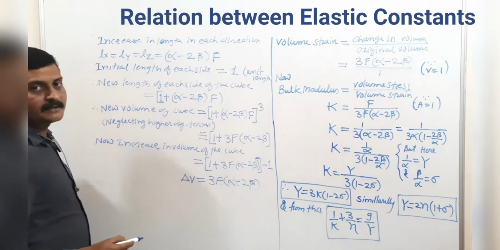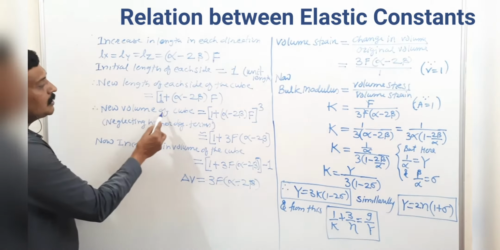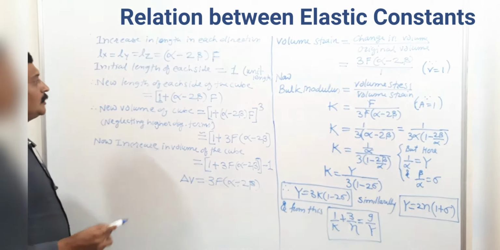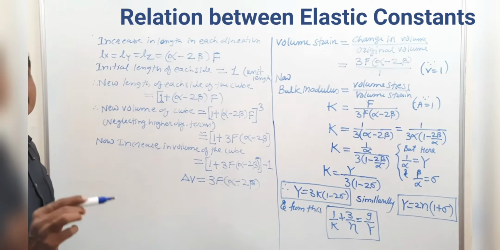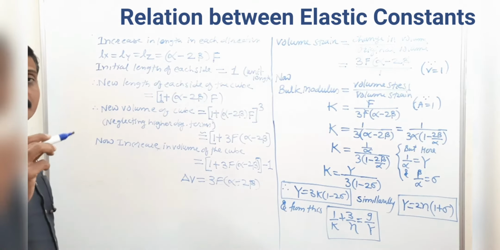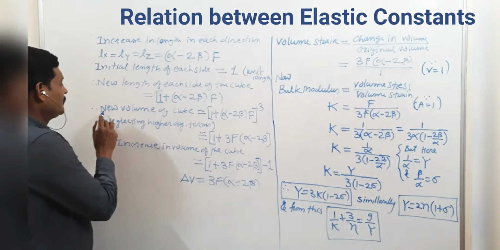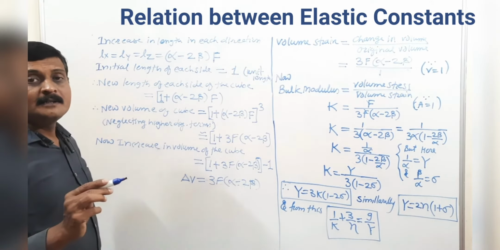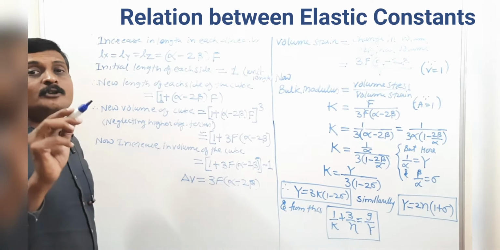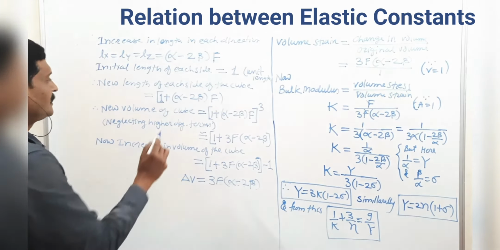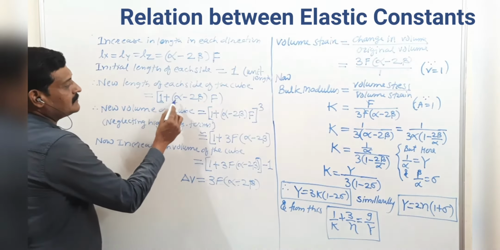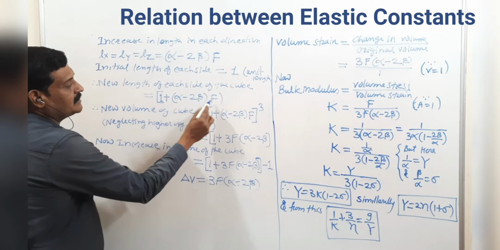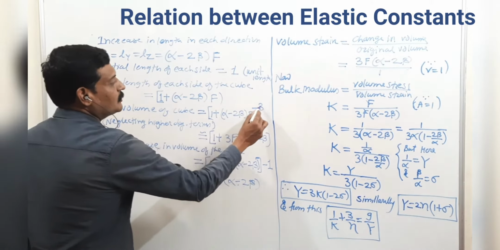So the new volume of the cube, volume means length cube, L cube. So the total length is 1 plus (alpha minus twice beta) into f, the whole cube.